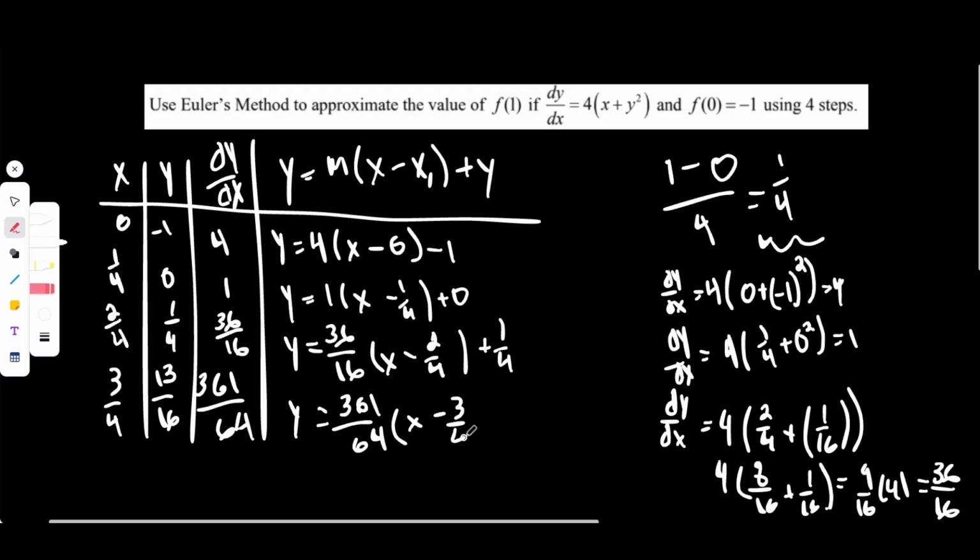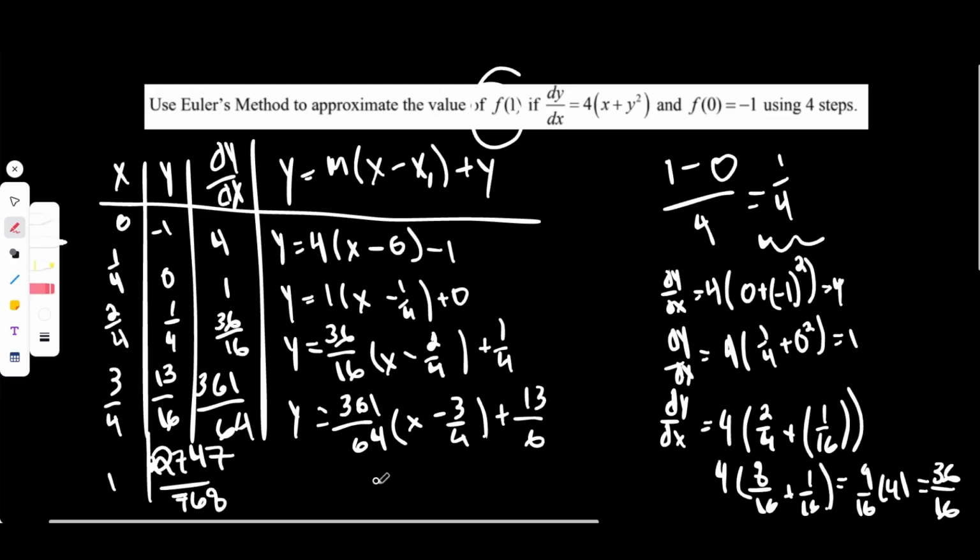And we rewrite our tangent equation with these new values: x minus 3 over 4 plus 13 over 16. Now this is our final step because we're approximating for f of 1. So we plug 1 into this equation: 361 over 64, times parentheses 1 minus 3 over 4, plus 13 over 16. And that is about 2,747 over 768.